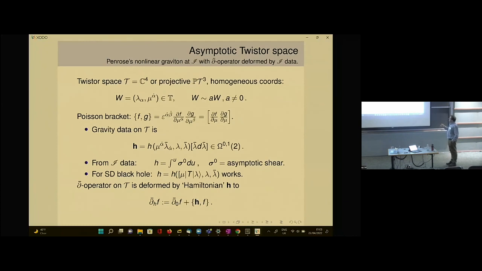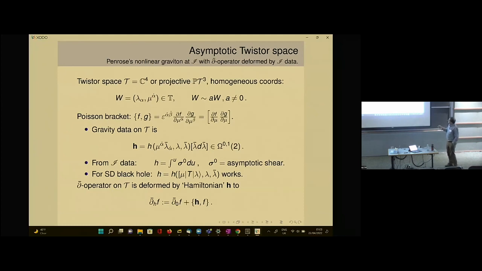what twistor space is. So twistor space is a four-dimensional complex space. We have four coordinates on it, a spinor of each type, lambda alpha and mu alpha dot. But we often think of it projectively. So the overall scaling is something that we can quotient by.